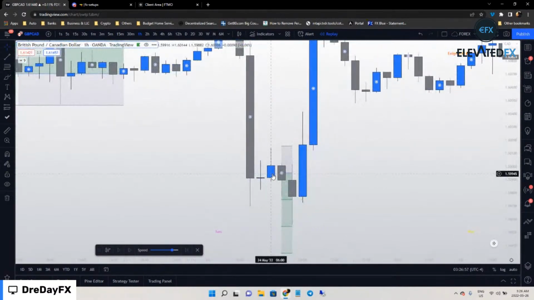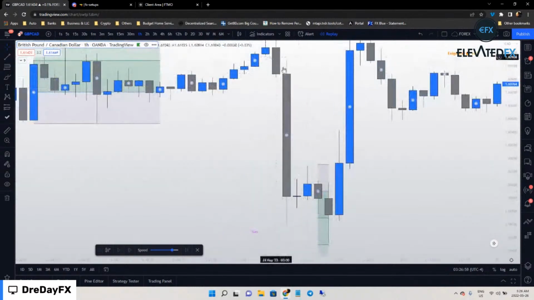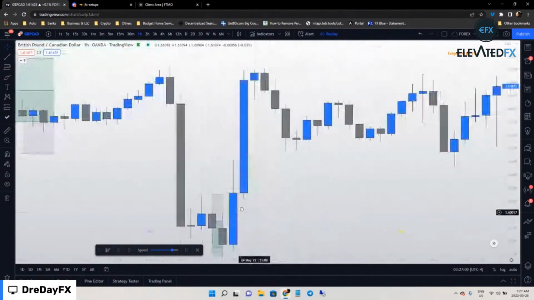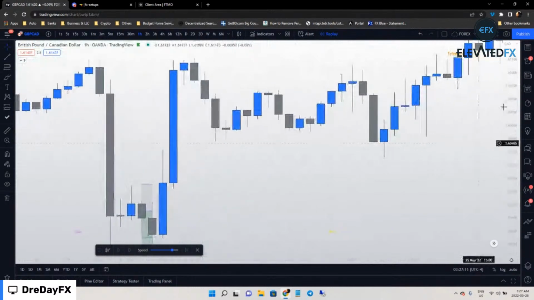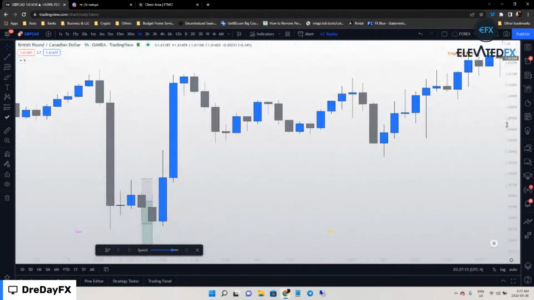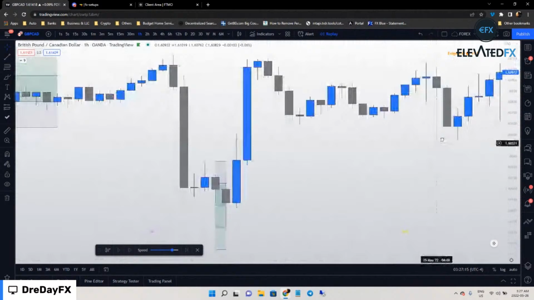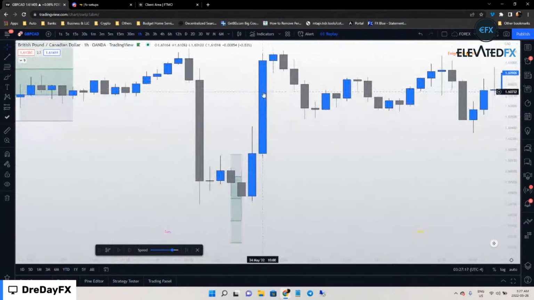Why? Because we see that there was a big imbalance here in pricing, and as you can see, it went back up and filled out this imbalance here. Okay, so that was basically a trap move that the GBP pairs did overall.